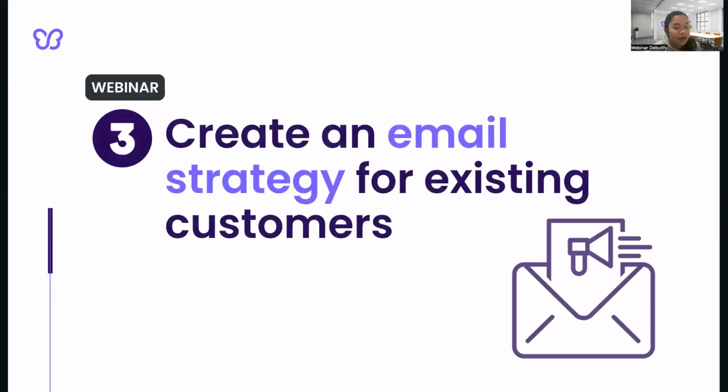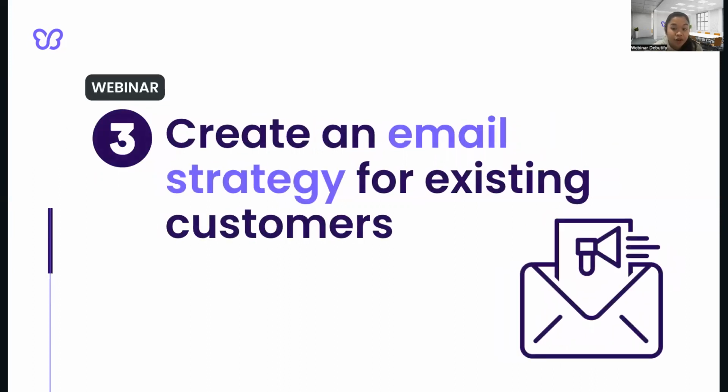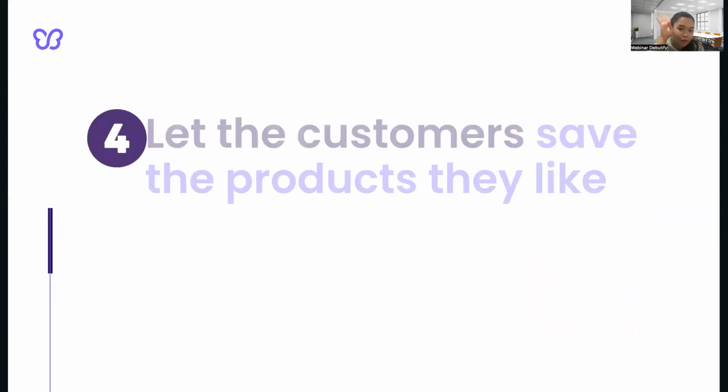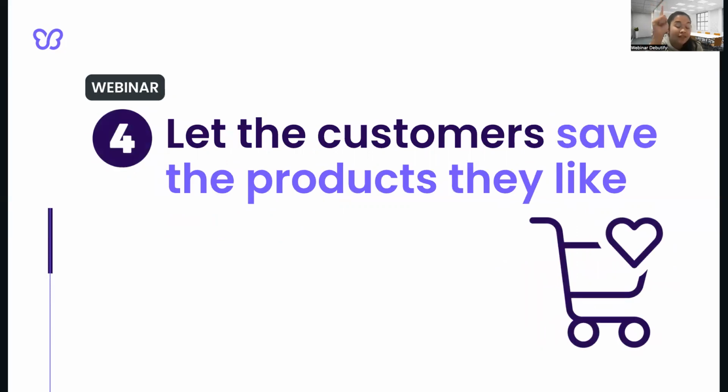Third, create an email strategy for your existing customers. Email marketing is a powerful tool to retain customers, and creating a strategy that focuses on customer retention can be an effective way to strengthen your customer loyalty. Number 4, let customers save the products that they like. I'm going to talk more about this in the webinar.